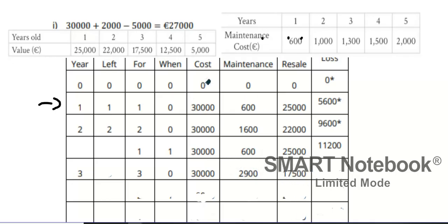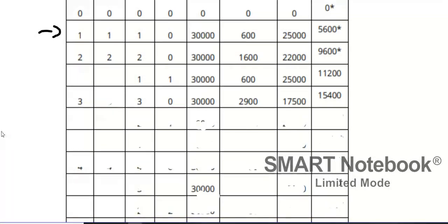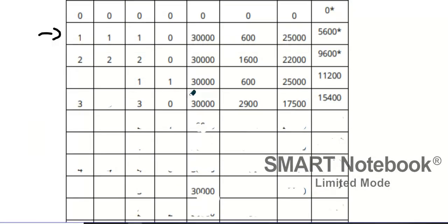Resell is 17,500 because it's 3 years old. Now, this will cost us 15,400. Now, where are they getting that from? Can anybody tell me? The 30,000 take away there, and then add the 2,900. Okay, perfect.